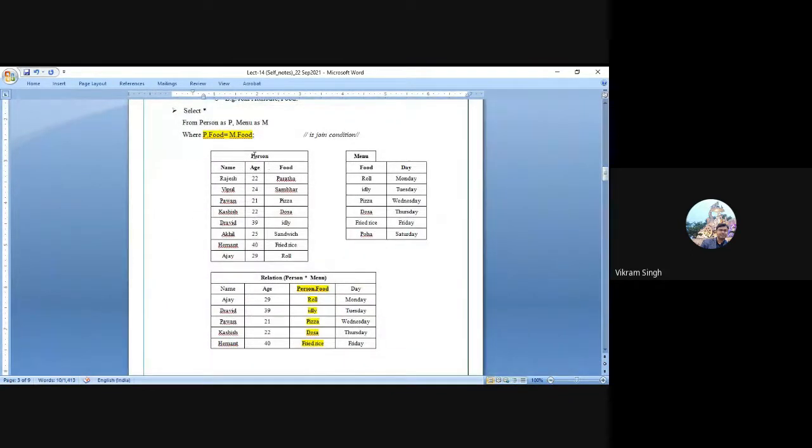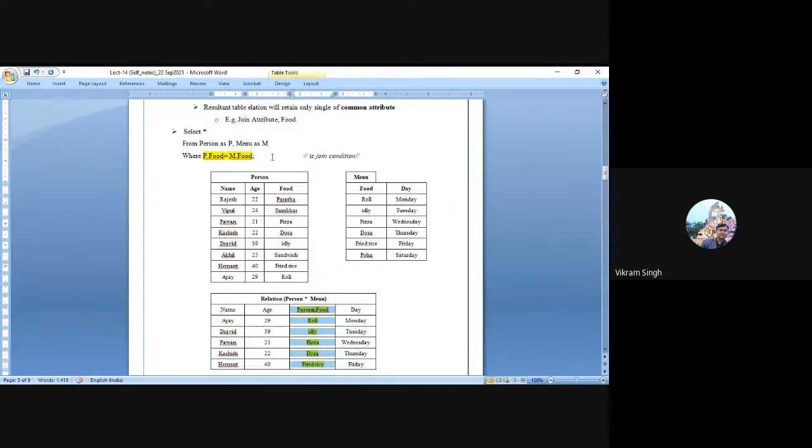Like if you compare between a person database table and menu, where food is a common attribute between these two, when we perform the equi-join, it will have the comparison condition equal to, which is obvious, but in the resulting relation it will retain only a single instance of the common attribute, right?